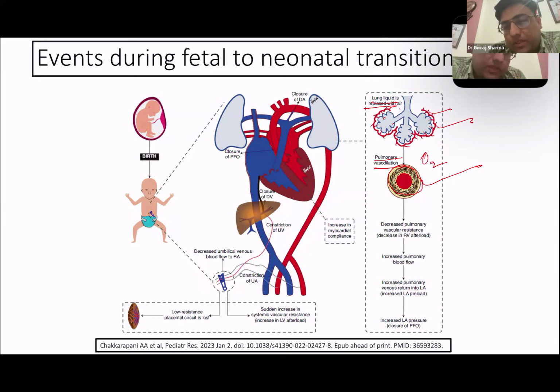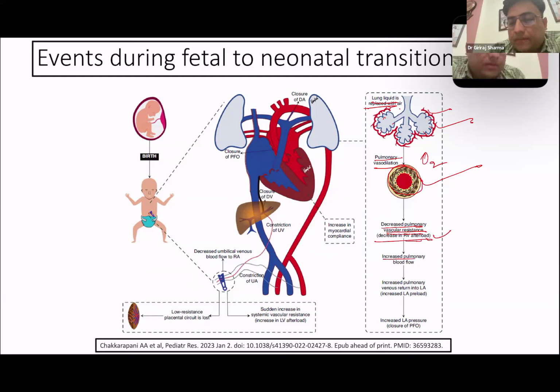Because of this, pulmonary vascular resistance, PVR, will fall. Because of this decreased pulmonary vascular resistance, right ventricle afterload will also decrease, as pulmonary pressures have reduced.